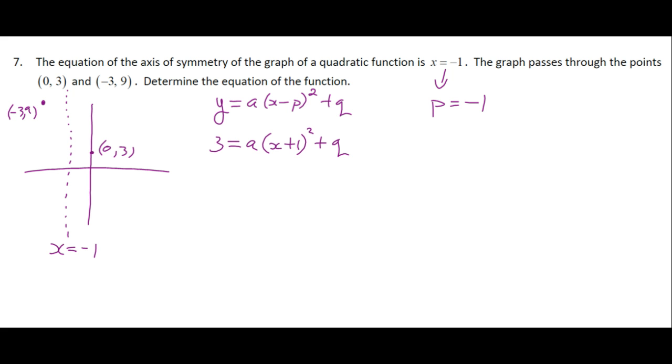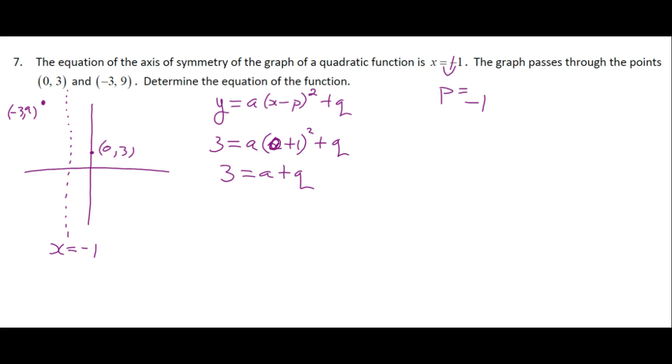My x should be 0, right? I was just looking at that and saying, wow, this is going to get really ugly because now I'm going to have some quadratic. Thank you. Okay, so 3 is equal to A plus Q. There's one equation, right? Whatever A and Q are, they're going to add up to 3.